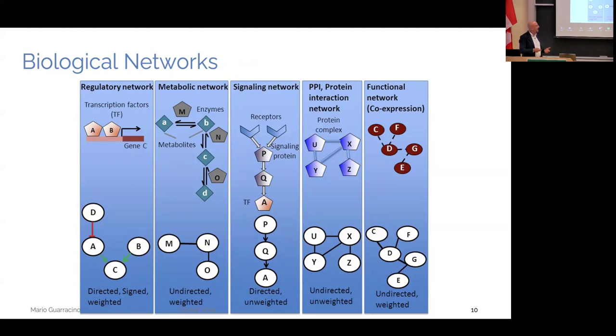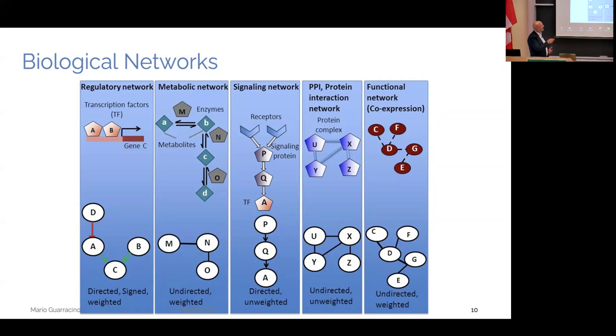They transcribe RNA, and those RNA are actually activating or deactivating, so overexpressing or underexpressing some other genes. So we can take two genes and we can connect them in a network if the product of this gene is having an effect on the product of this other gene, either making it produce more or less transcript.